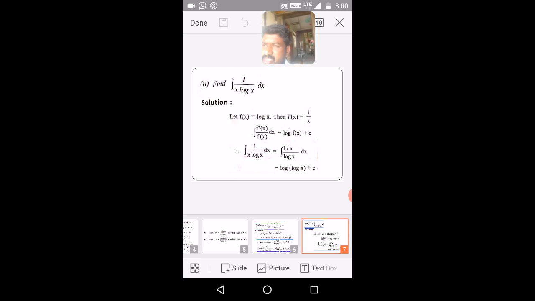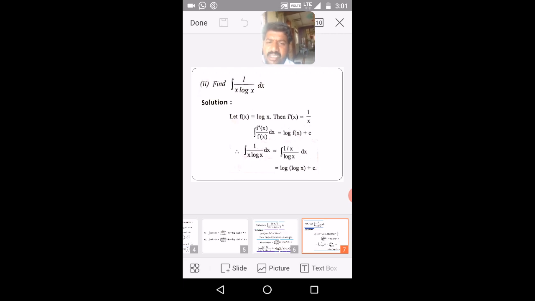So for that, take the denominator as log x, say it is f of x. So f of x equals log x. Then f dash x is 1 by x, since the derivative of log x with respect to x is 1 by x. So if the integral is changed into 1 by x by log x, then it is in the form where 1 by x is f dash x and log x is f of x.